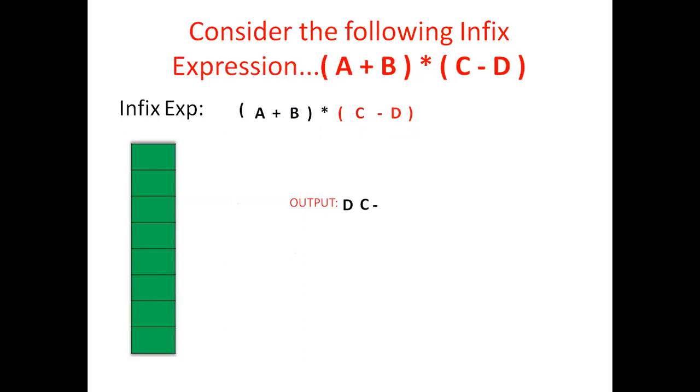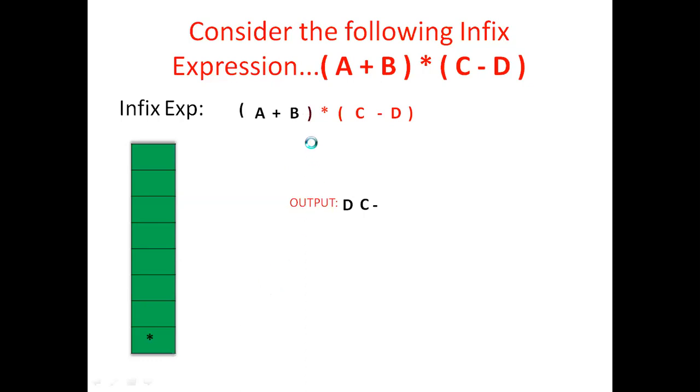Next our operator is multiplication. When we receive an operator, again check the condition. Top equal to -1? Yes. Then simply insert our operator into the stack, because there is no operator to compare the scanned operator with. That's why we simply insert our star into the stack.